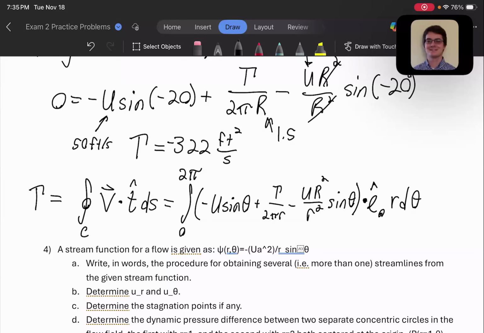Yes, because we're only concerned with that component. The way it works out for this problem, you're kind of limited. Give me one second and I'll get to you. R, and then d theta is our little segment of the cylinder.